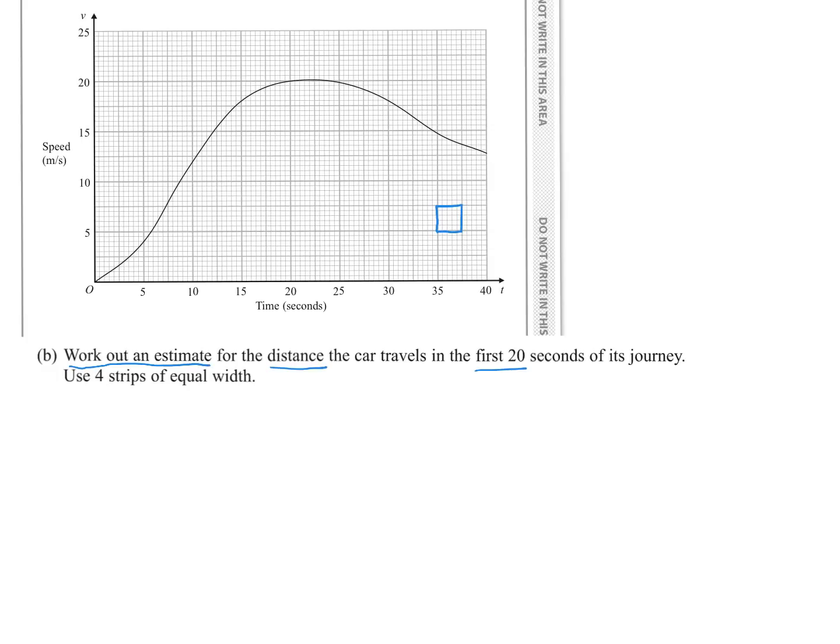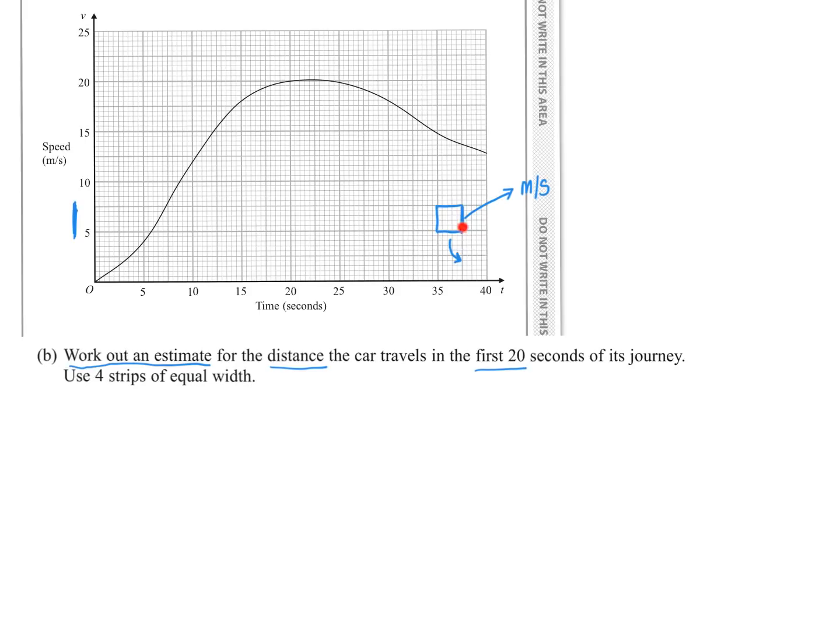Forget the actual number, look at the dimensions. So one of the dimensions would be going this way, so this would be to do with speed, so that would be meters per second.